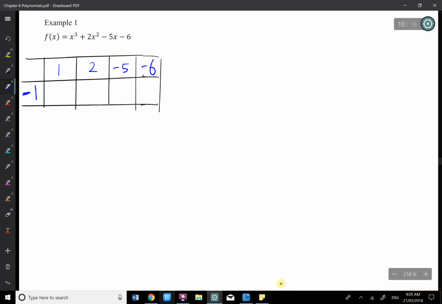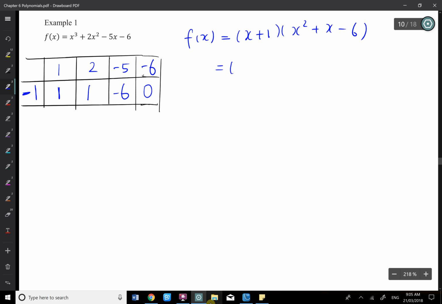So I try -1. I have 1, -1 plus 2, we have 1, -1 plus -5, we have -6, and that's a 0. So my f(x) looks like (x plus 1)(x squared plus x minus 6), and I can further factorize it as (x plus 3)(x minus 2).